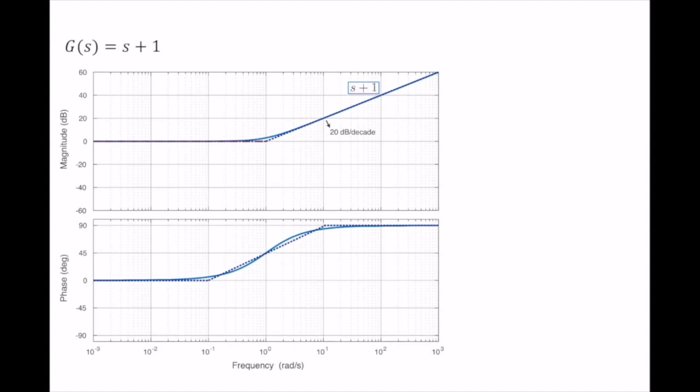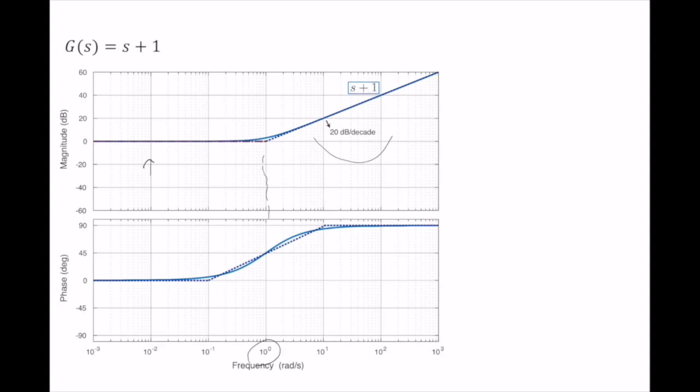Okay, so if you do that, let's look at the magnitude. This is a straight line, just flat. At high frequencies, it's a line, but it has a trend, and its trend is 20 dB per decade because it's a first order argument. For the phase, this is my corner frequency, 1 radian per second.